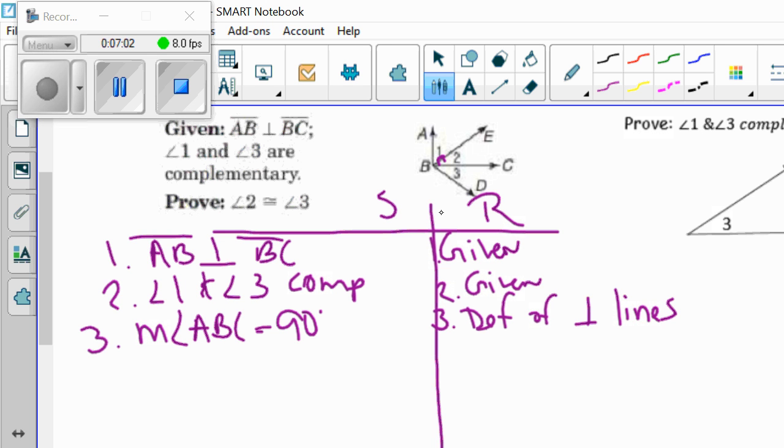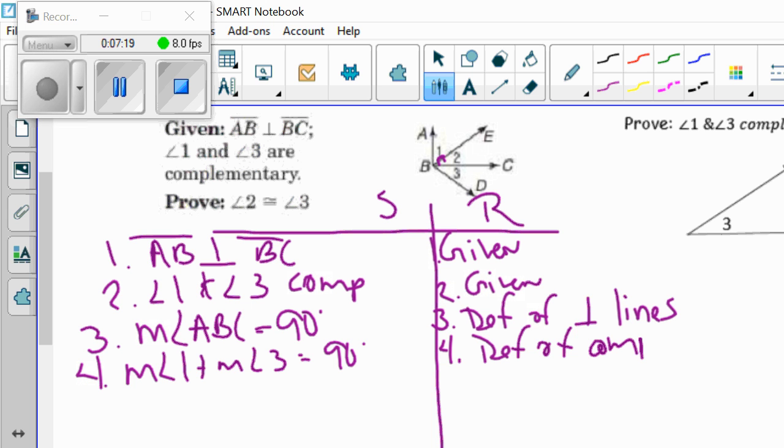Now, angle 1 and angle 3 are complementary, so that means that they have to add together to equal 90. So I can say measure of angle 1 plus measure of angle 3 equals 90 degrees. Definition of complementary. So I've now put in everything that they've given to me and taken care of the definitions, writing out exactly what that means.